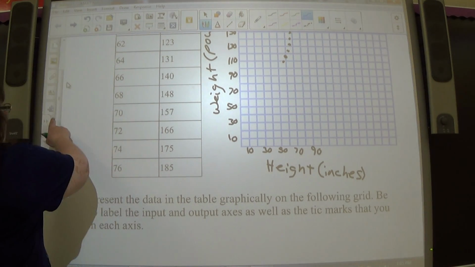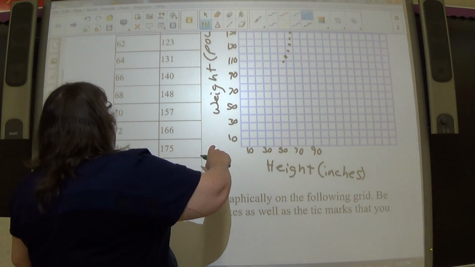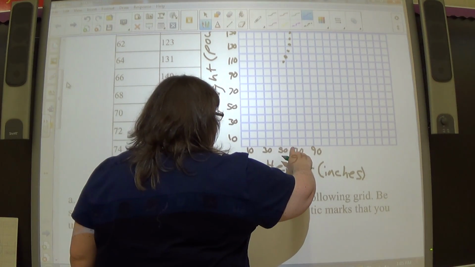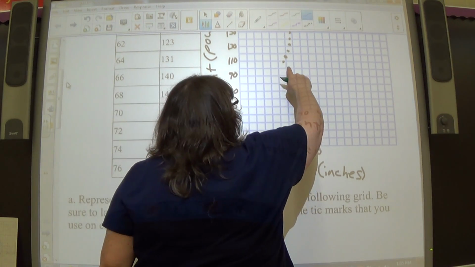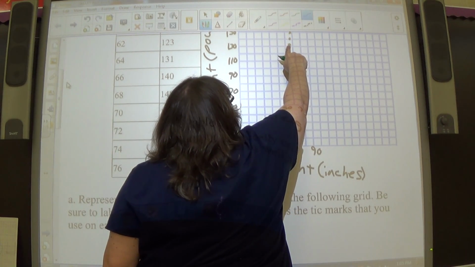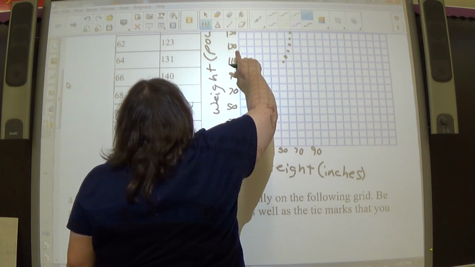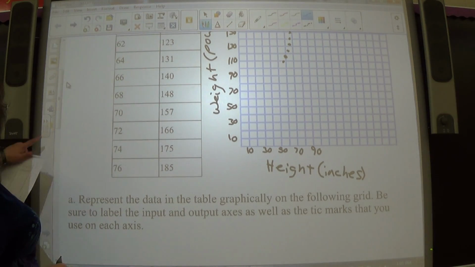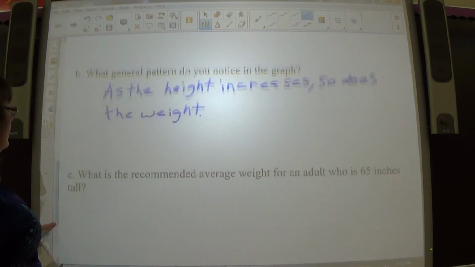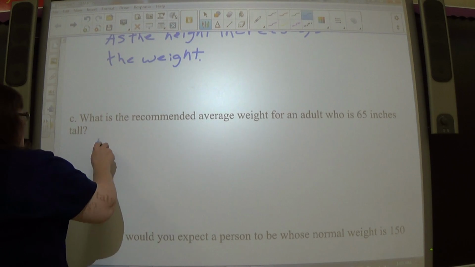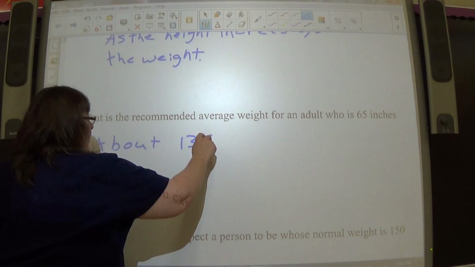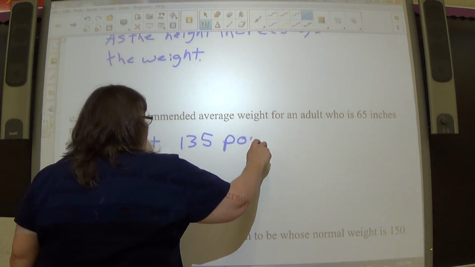So if you do that, or you can look at your graph, okay? So if I'm looking at 65, that would be right in the middle here, and I go up and then over, it looks like I'm going to be about 135, okay? So again, it's that approximation, so about 135 pounds.